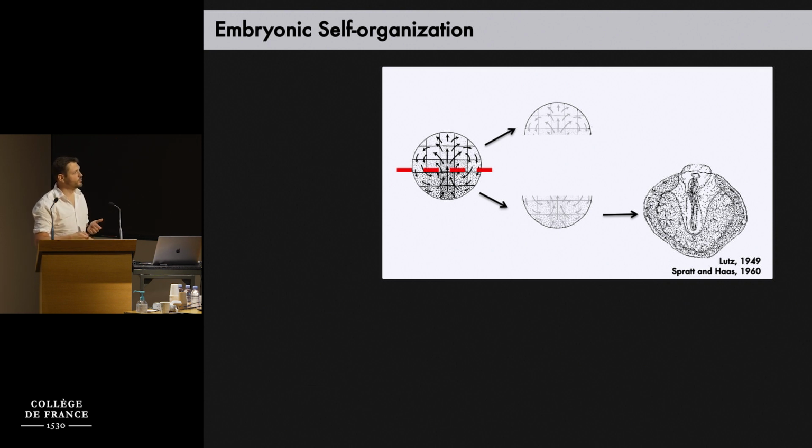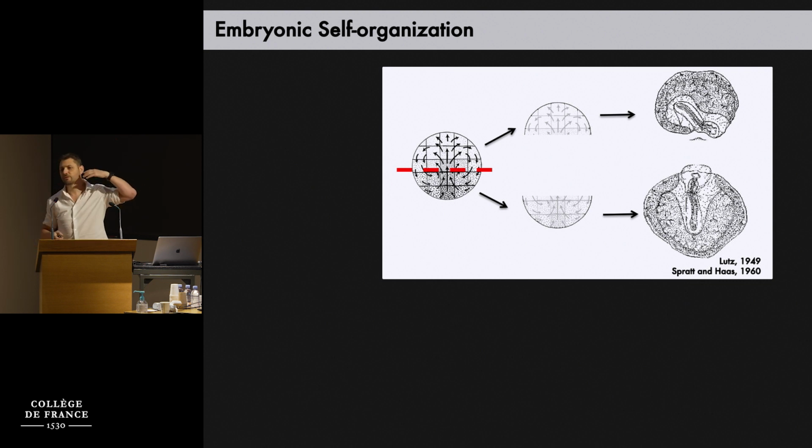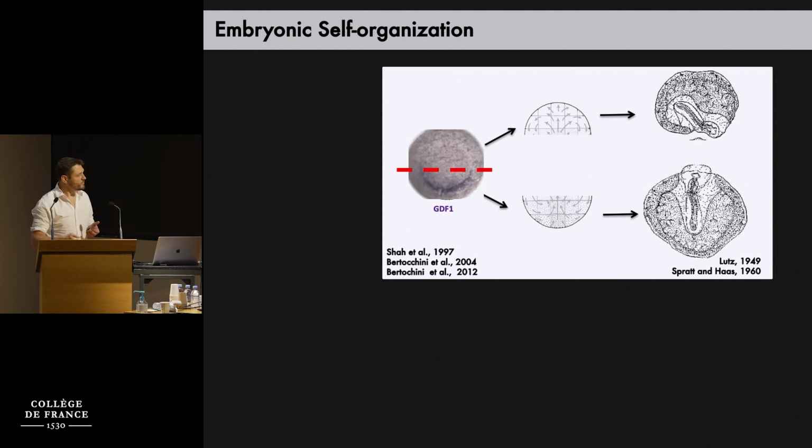But perhaps what is most striking here is that the other half, which should have never formed an embryo, now starts to form an ectopic embryo. And this has been called embryonic regulation. But this is not really mentioned in the literature up till now, but it's really, we think, a destabilization of a self-organized process here.